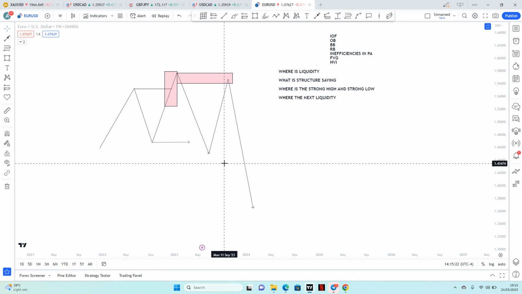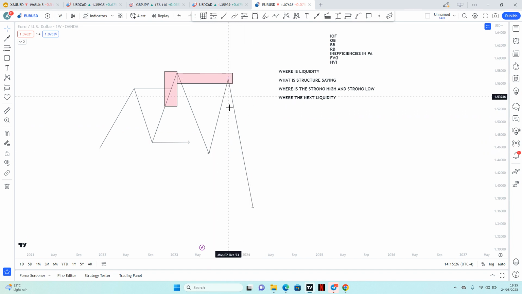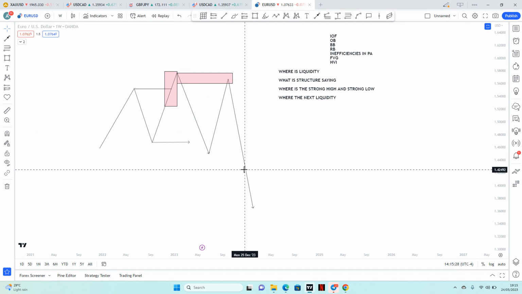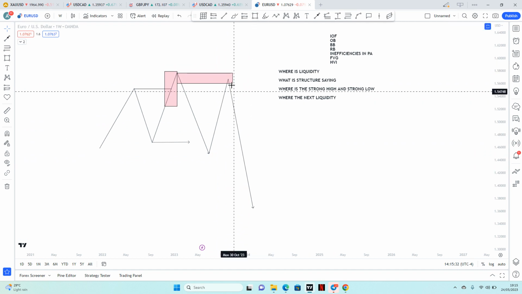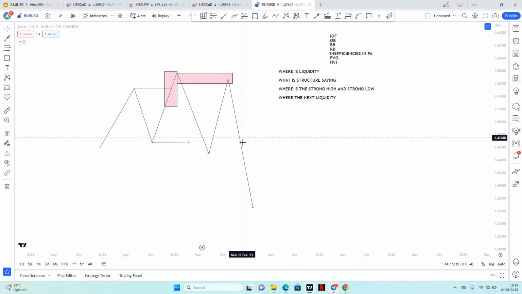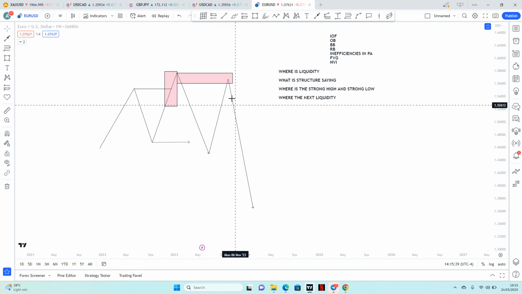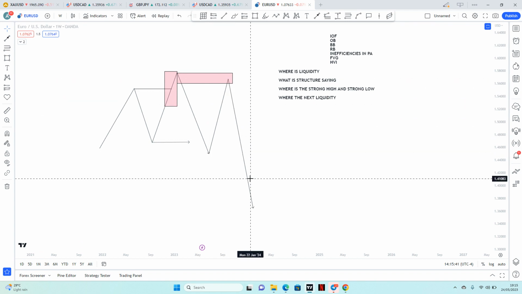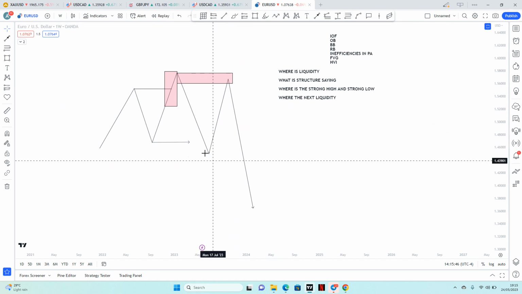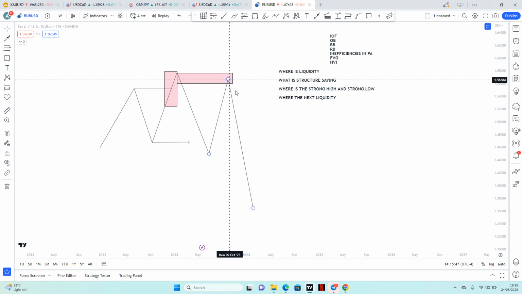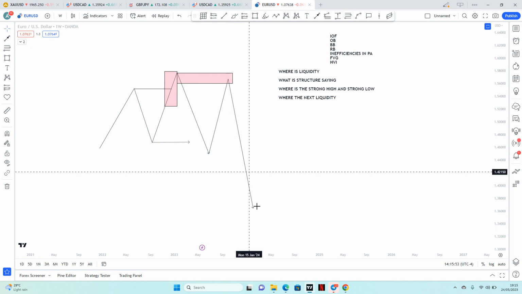A breaker block is when price mitigates a strong high or a strong low, and then, to show you that the institutions were involved, it moves with so much impulse, a very high impulsive candle, in such a way that the impulse breaks the last demand zone with force.